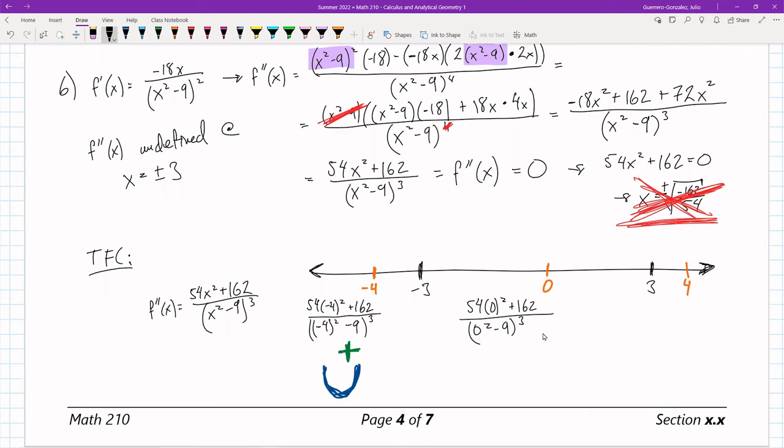Let me actually do it over here on the other side. It's going to be equal to 162 over negative 9 cubed. So it's going to be a negative 9 cubed, right? This number is going to be negative. So therefore, this is telling us that our graph is going to be concave down.